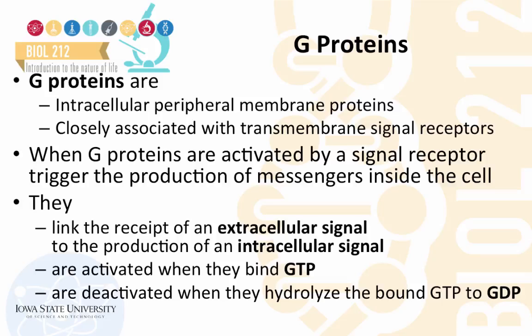When G proteins are activated by a signal receptor, they trigger the production of messengers inside the cell. They link the receipt of an extracellular signal to the production of an intracellular signal. They are activated when they bind GTP and are deactivated when they hydrolyze the bound GTP to GDP. This allows controlled activation of the G proteins.